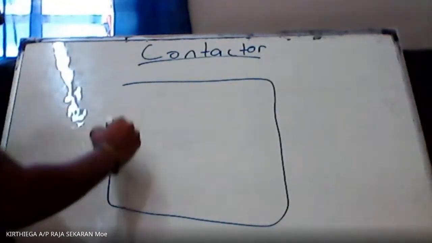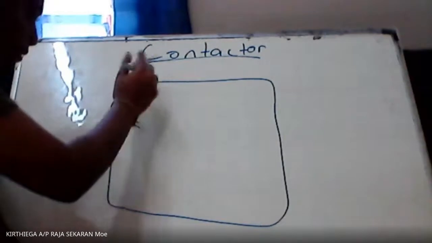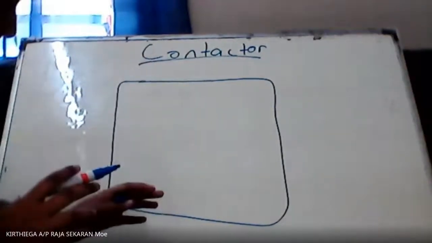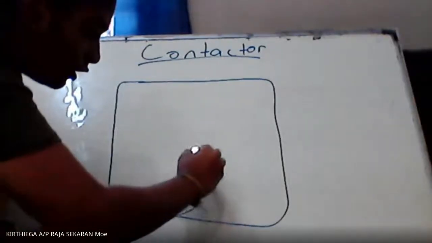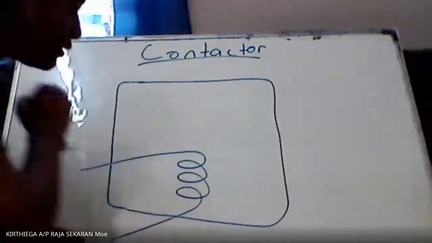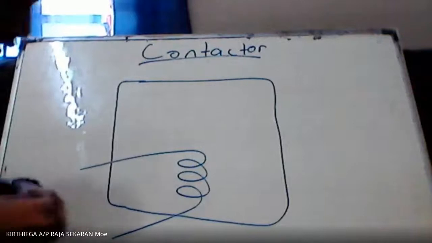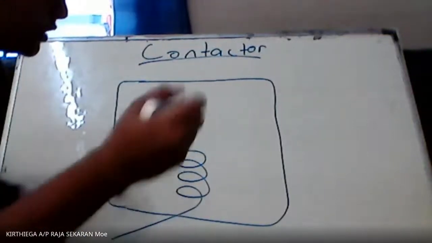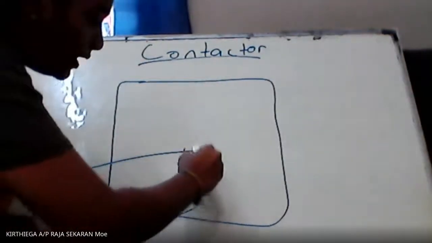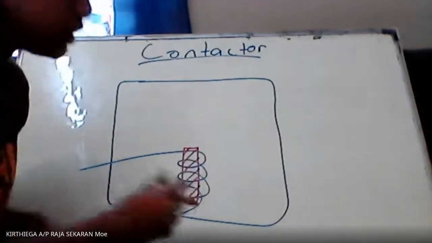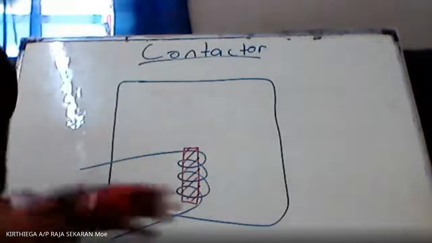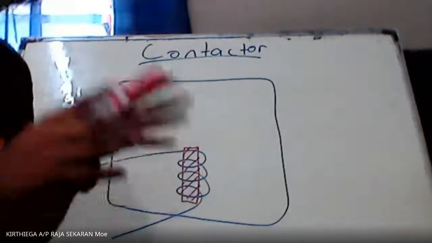Okay, let's assume that this is the casing of the contactor, and inside this contactor we will have a solenoid. Okay, this is a solenoid, and inside this solenoid we will have a metal. This metal should be soft iron or a soft metal.